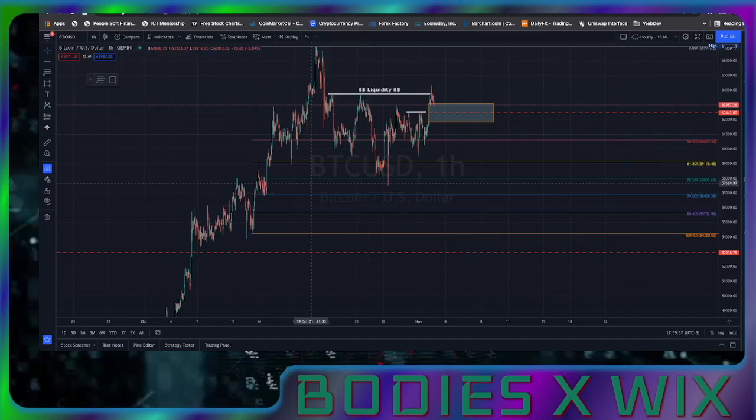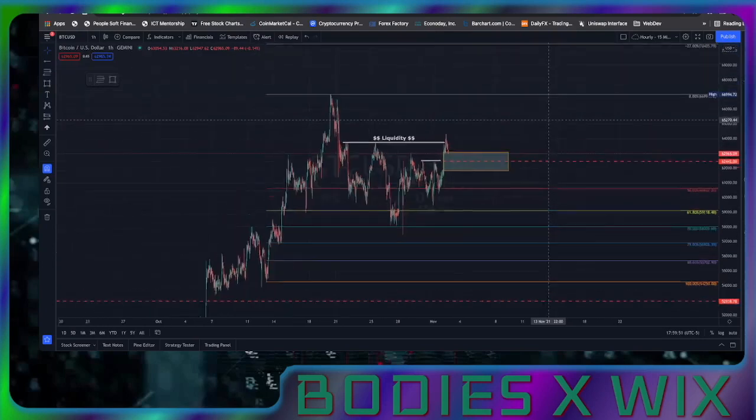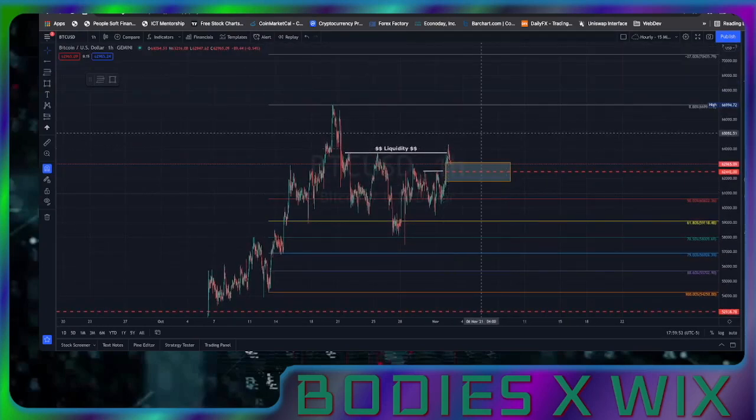Somewhere around there, all of that is considered a golden pocket, basically, meaning that's where smart money looks to get a discount on a buy if we are going long. And I still think we're going long.